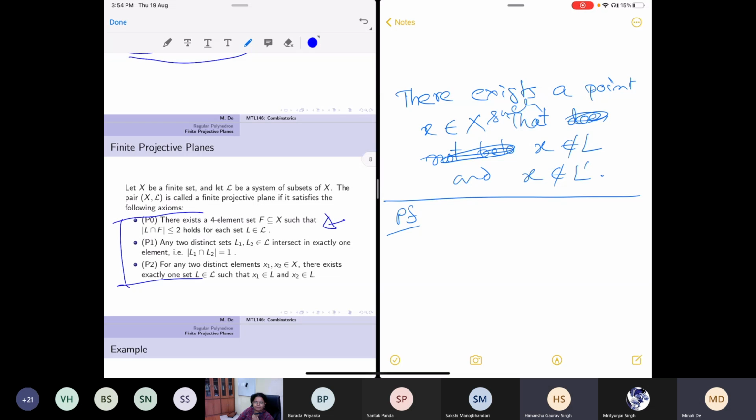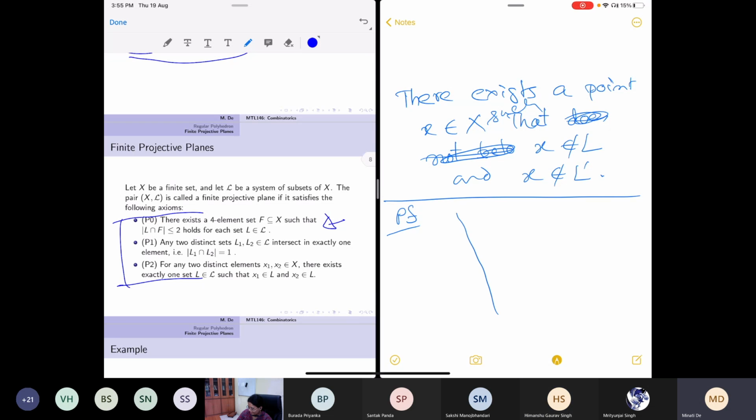That means all the points are either on line L or on line L dash. That means L1 intersection L2 cannot be 1. I didn't understand why.